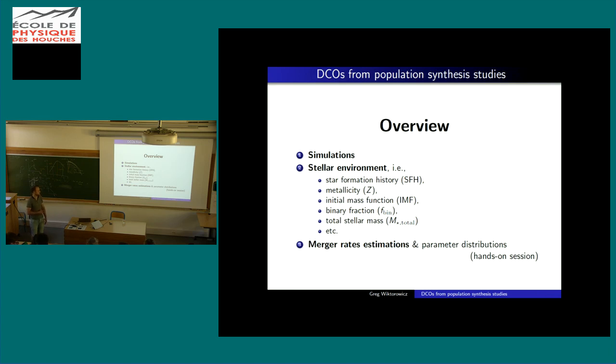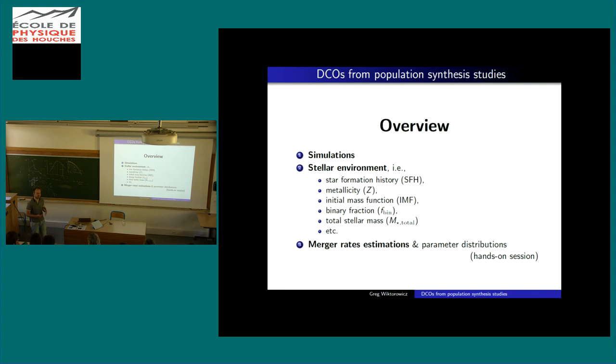Some other factors like metallicity or initial mass function need to be applied during the computations. So we'll have a few files to use, but we cannot change them after performing the computations. And other factors like binary fraction and the total stellar mass which was simulated are used for scaling, because we cannot simulate entire galaxies.